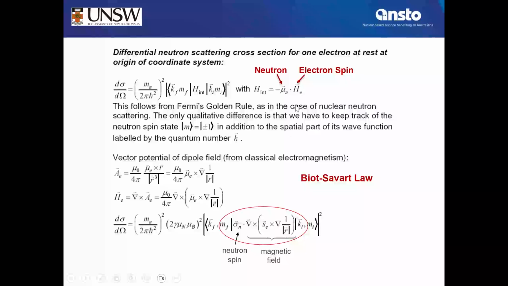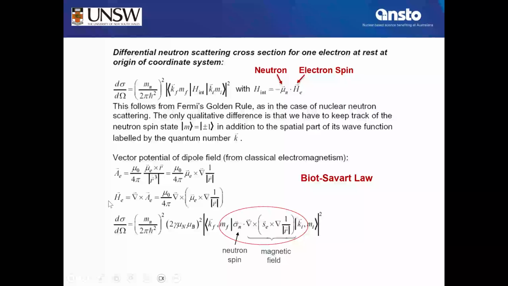That's simple classical electromagnetism, simple magnetic dipole interactions, where we have a magnetic dipole here and the spin of the neutron. We have to determine the vector potential of the dipole field of the electrons. And that's nothing else than the, not simple, but as you should all know from second year, Biot-Savart law. That's the vector potential.